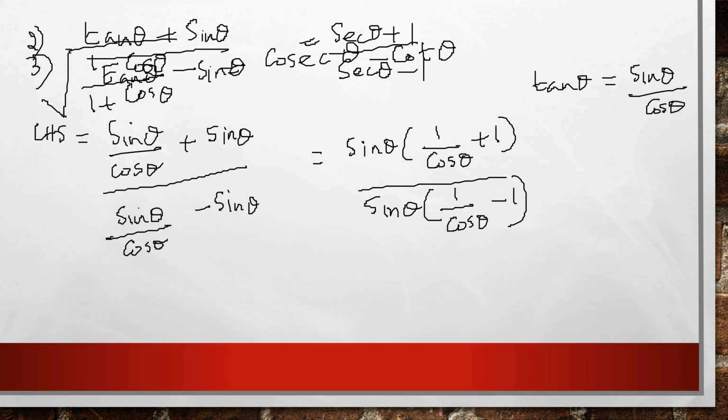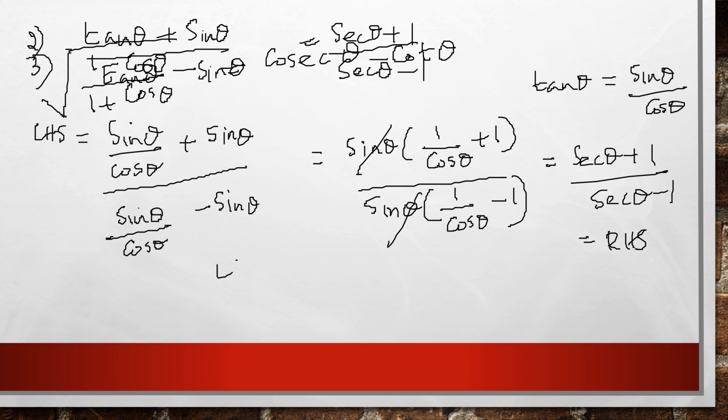Now what is this 1 by cos theta? 1 by cos theta means it is sec theta. So sine theta will get cancelled. Instead of 1 by cos you write sec theta, and the denominator will be sec theta minus 1. So we got the RHS. So now we can write LHS equal to RHS, hence proved.